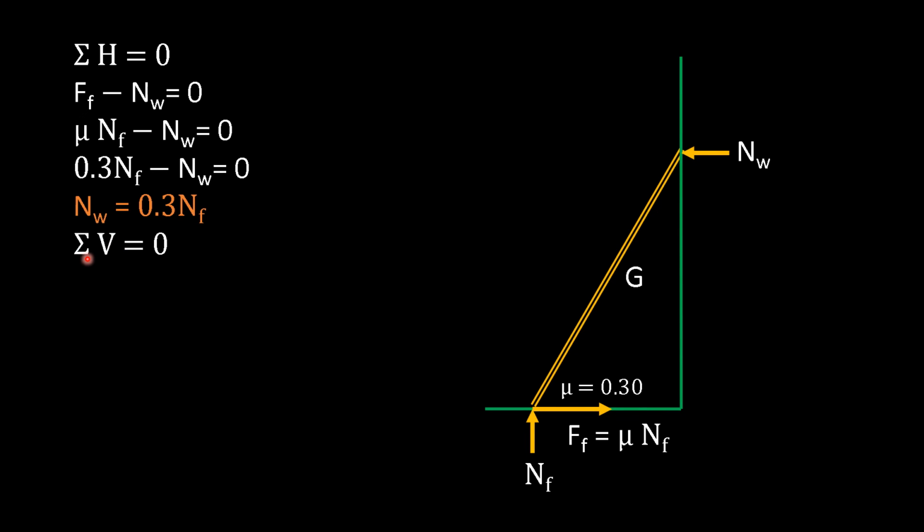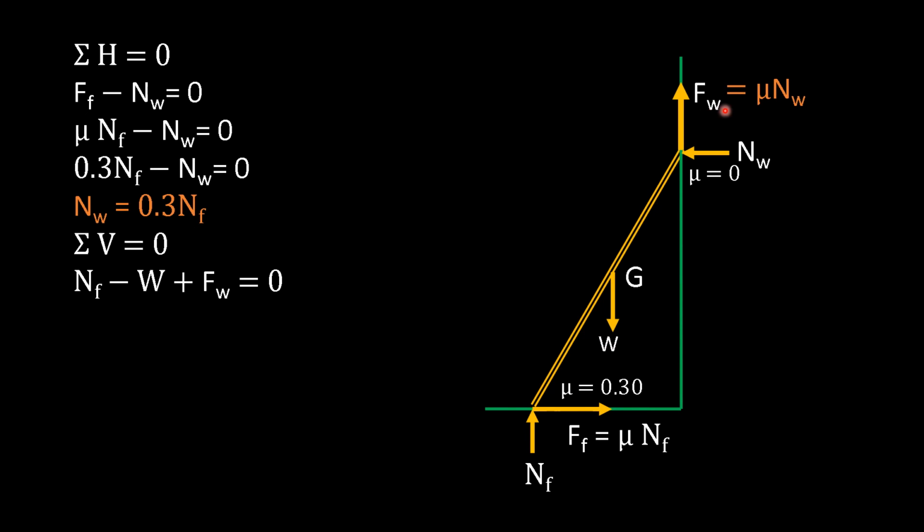We also have summation of vertical forces equals 0. Now the vertical forces are NF minus W plus FW equals 0. Mu equals 0 because the wall is smooth. W is downwards weight of the ladder.